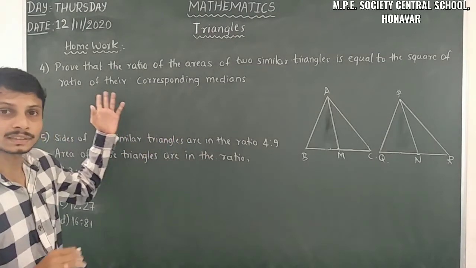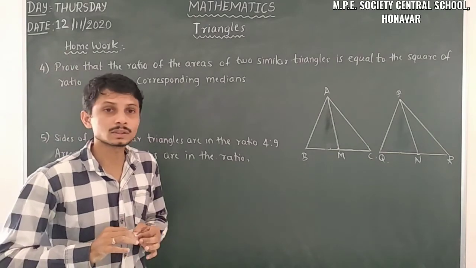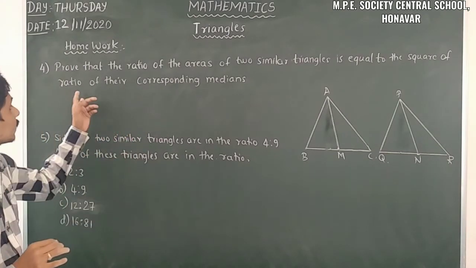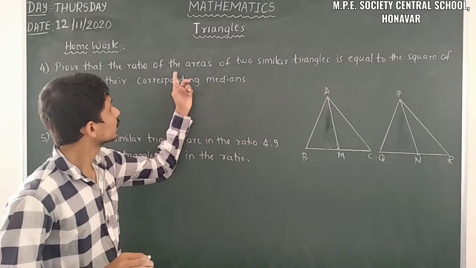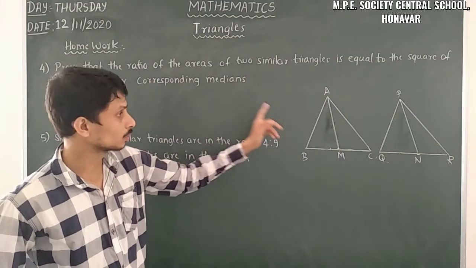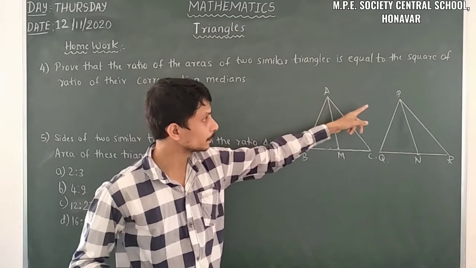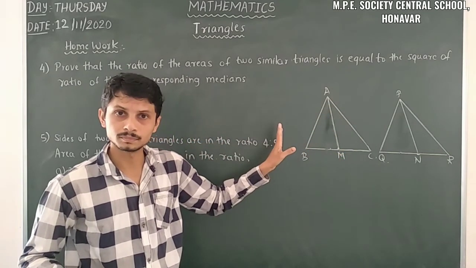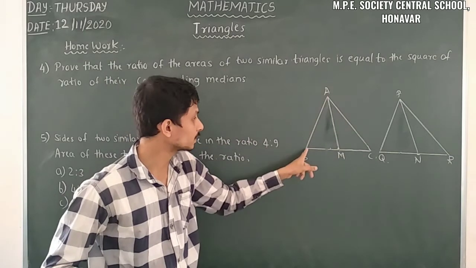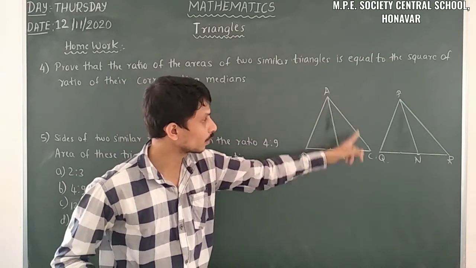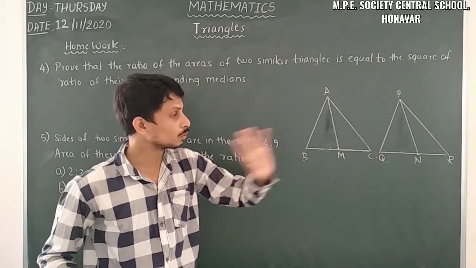The first homework tells us: prove that the ratio of areas of 2 similar triangles is equal to the square of the ratio of their corresponding medians. Here it is given that the triangles are similar. So area of triangle ABC by area of triangle PQR is equal to AB square by PQ square, AC square by PR square, and BC square by QR square.